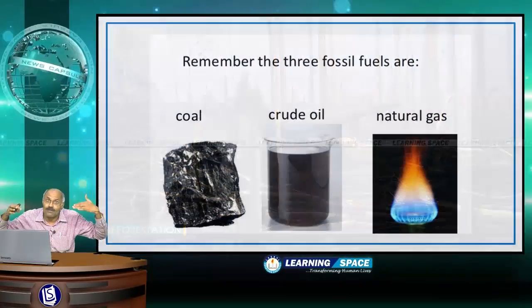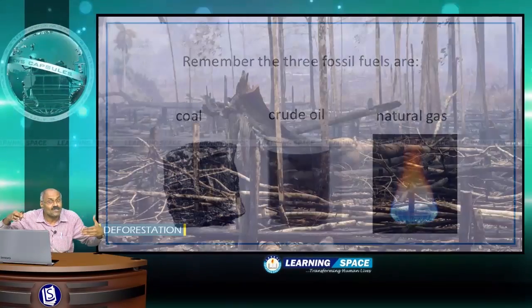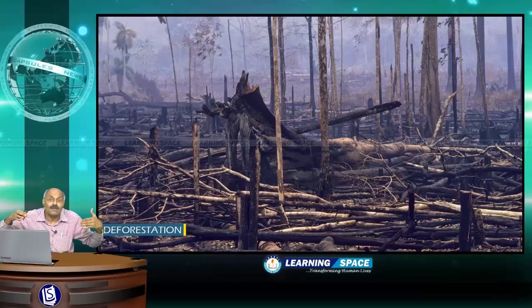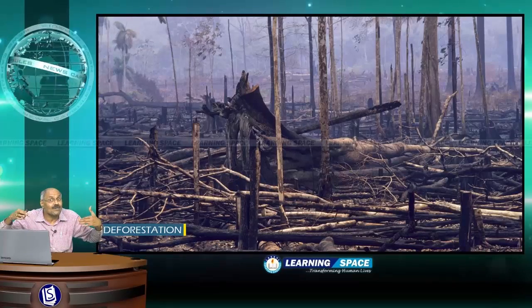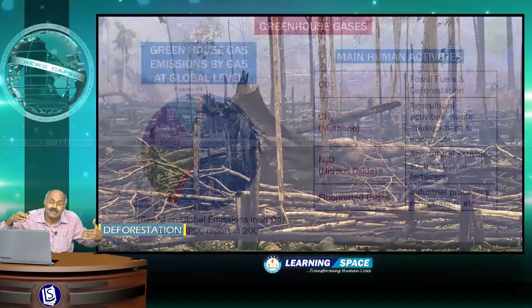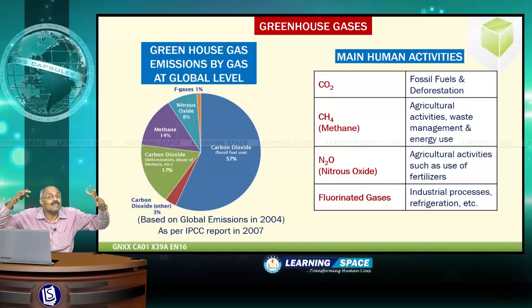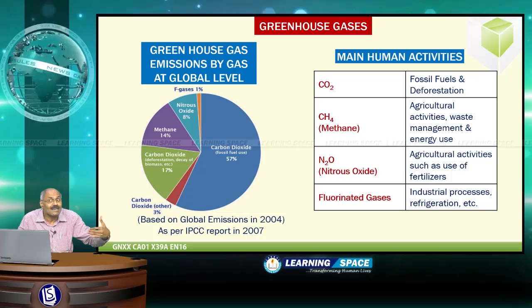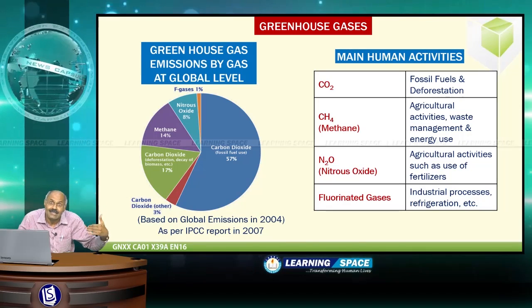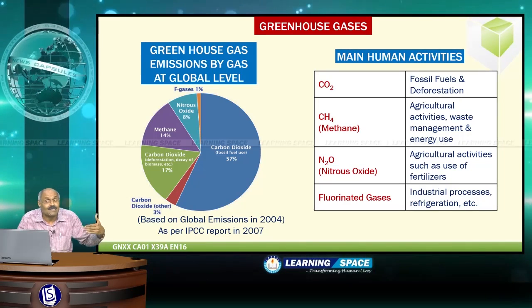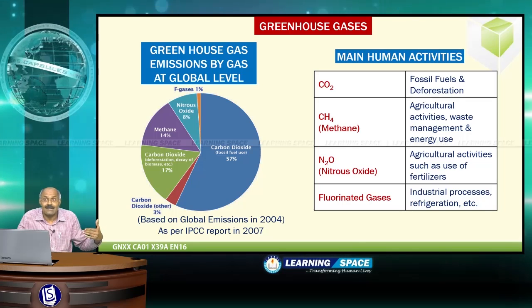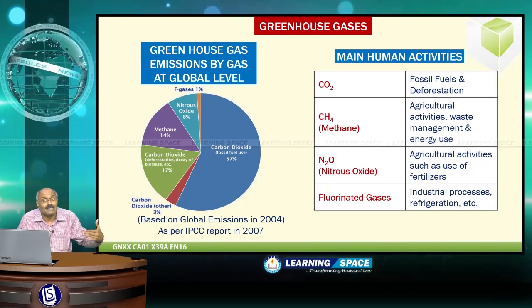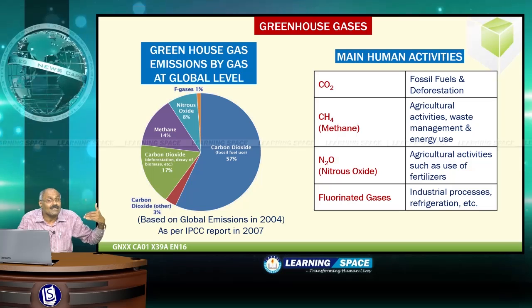So, burning of fossil fuels and deforestation are the main contributors for emissions of this carbon dioxide, and this is around 70%. Then methane is basically released due to agricultural activities. Then nitrous oxide is released because of agricultural activities such as the use of fertilizers.